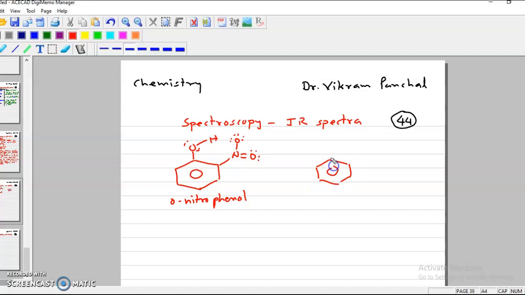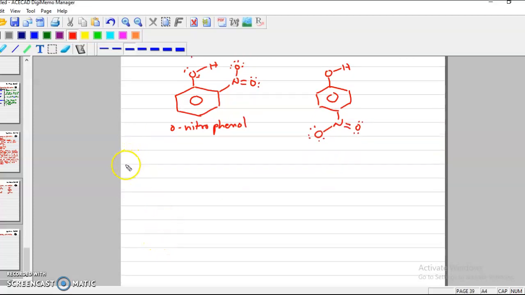And this can be compared with paranitrophenol. Here the OH band in case of orthonitrophenol appears at 3445 and 3240, while in paranitrophenol the band is at 3365 centimeter inverse.